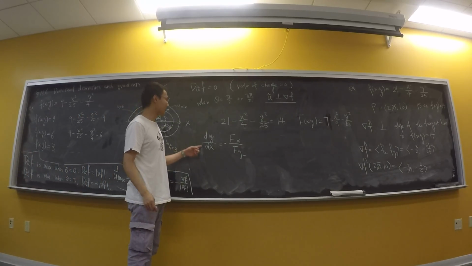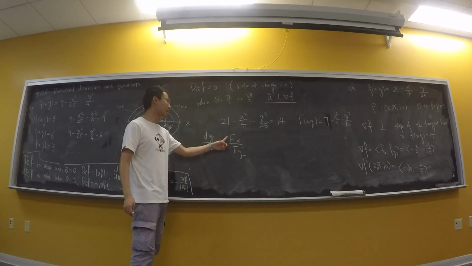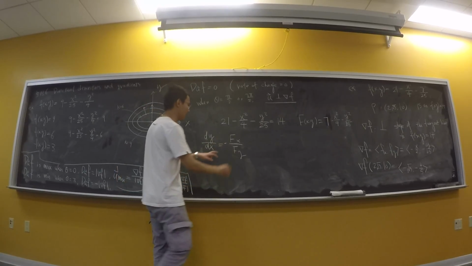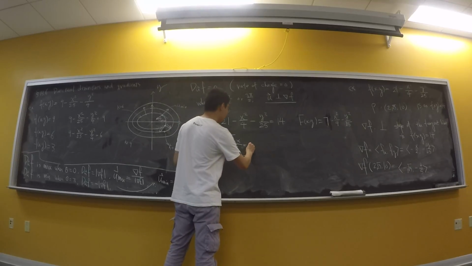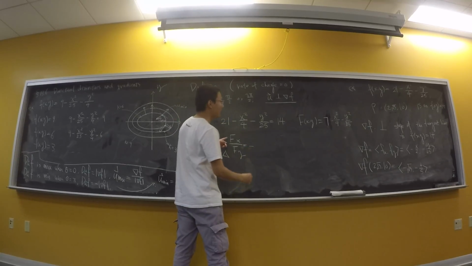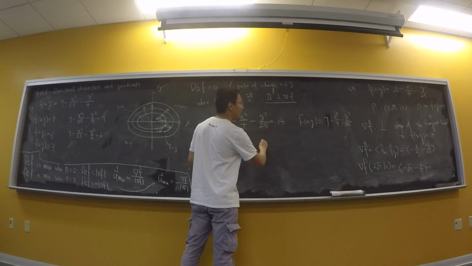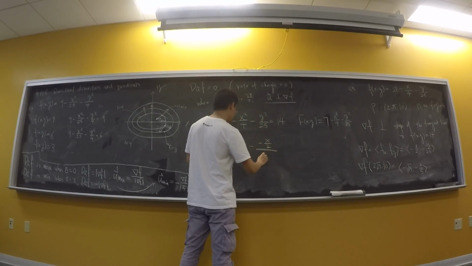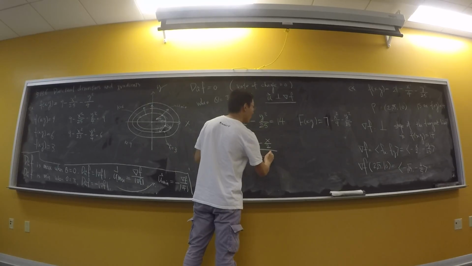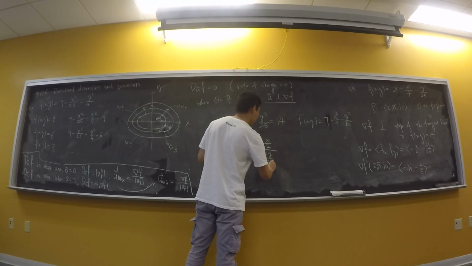So dy over dx will be the partial derivatives fx and fy, and I have a minus sign. Remember, you have a minus sign here. So it is equal to minus fx over fy, which is minus x divided by 2 over 2y divided by 25.